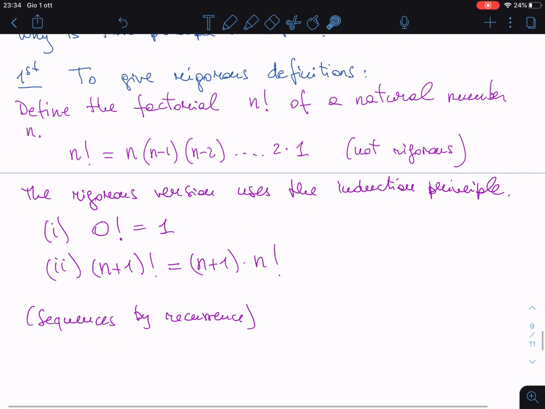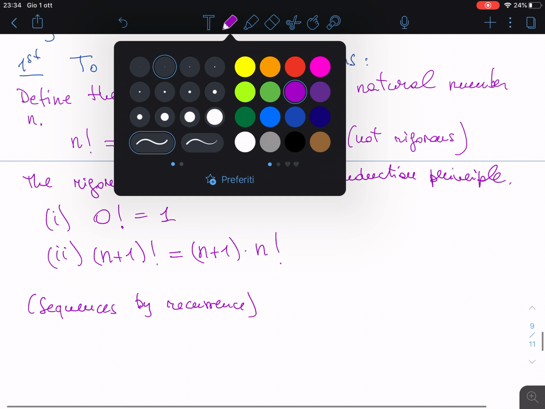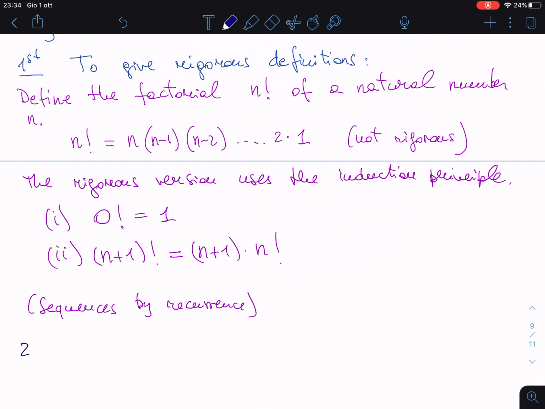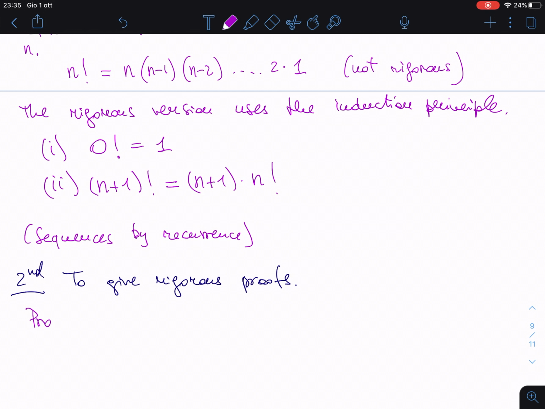So, the first use of the induction principle is to give rigorous definitions. But the second, probably most important, is to give rigorous proofs. In order to illustrate this point, let me consider the problem of Gauss, aged 8.